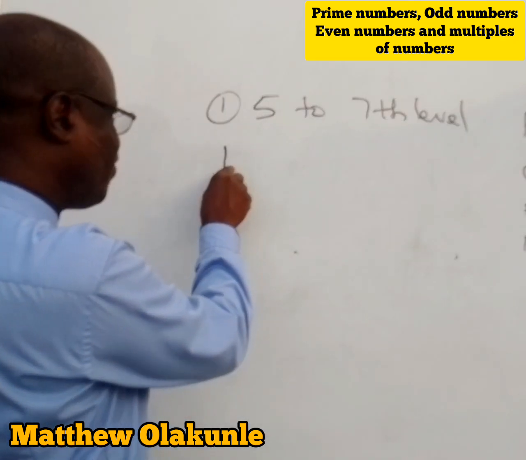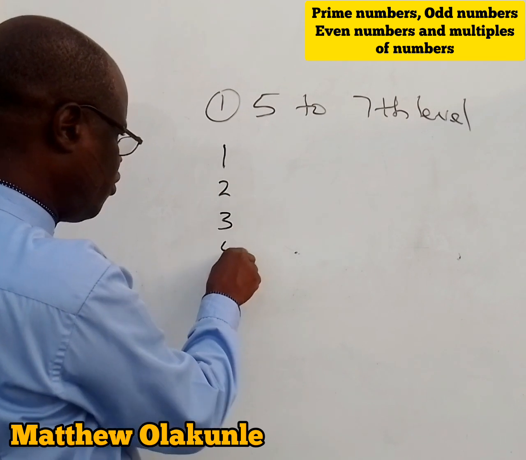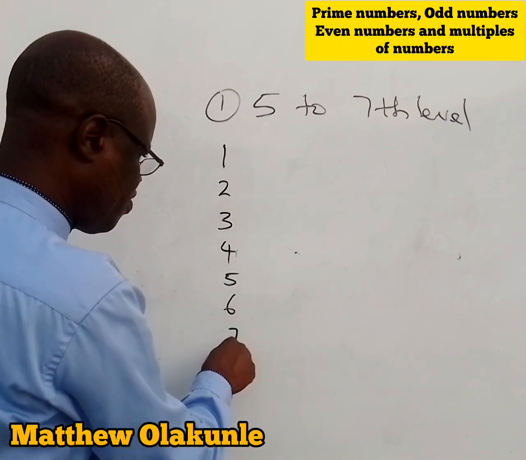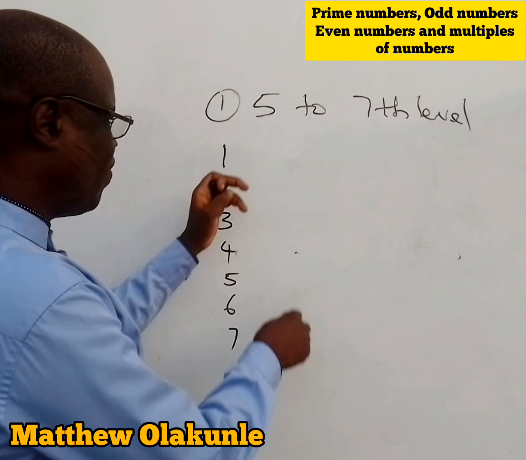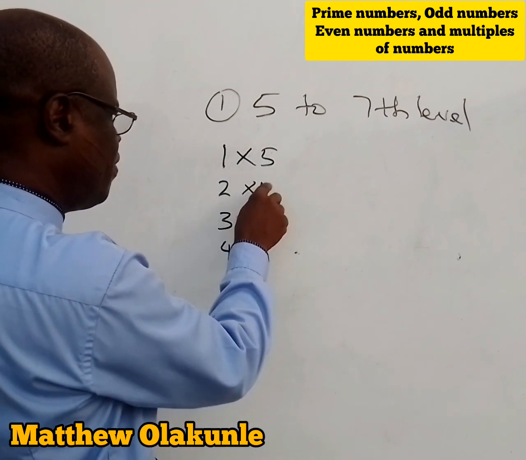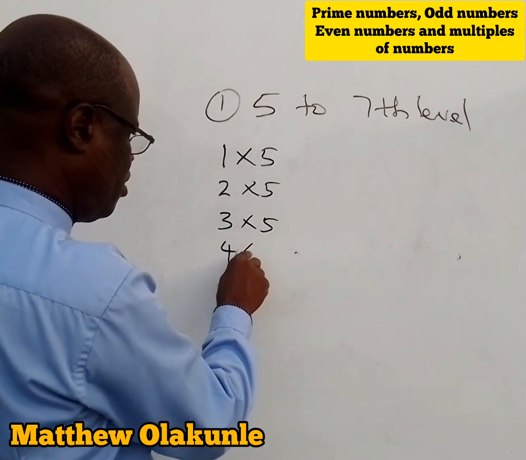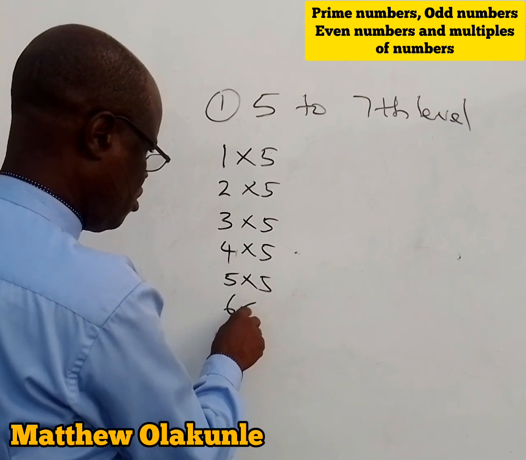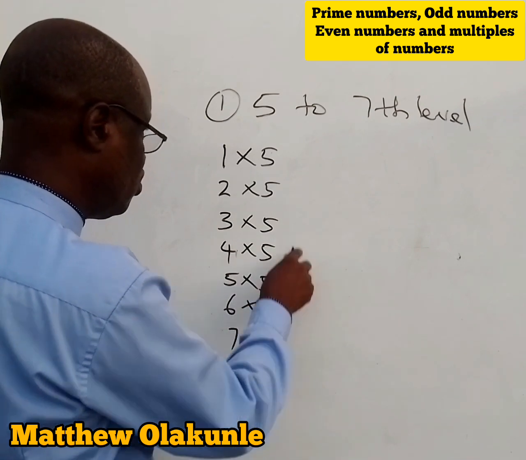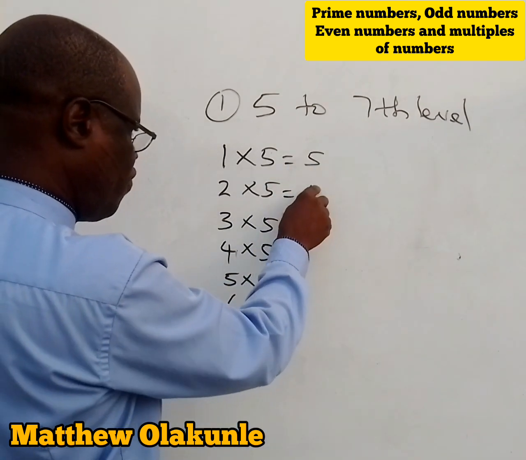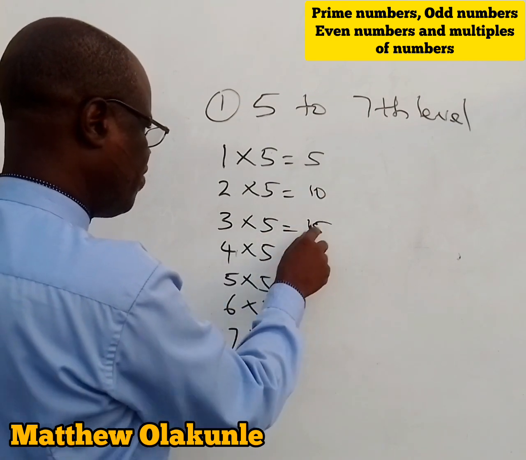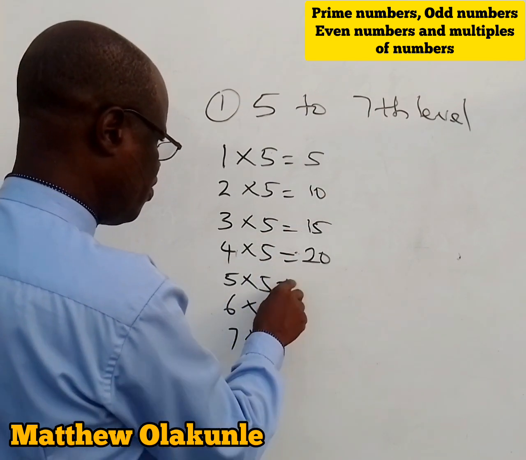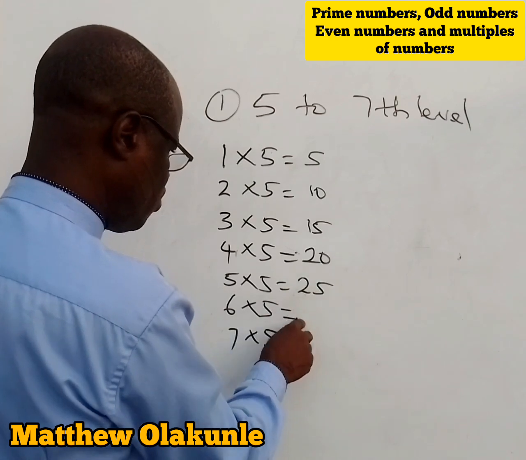So you write the levels down: 1, 2, 3, 4, 5, 6, 7. Then for multiples of 5, just continue to multiply by 5. So this will give you 5. This gives you 10. This gives you 15. This gives you 20. This gives you 25. This gives you 30.